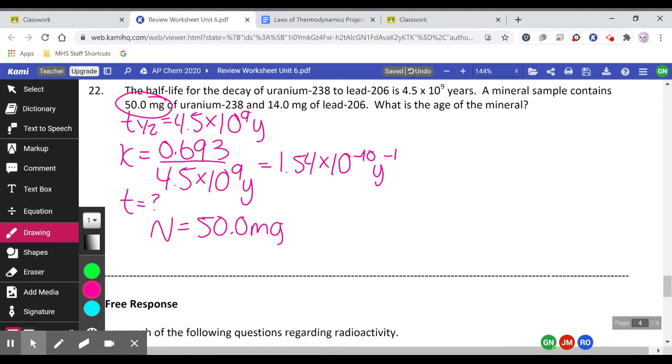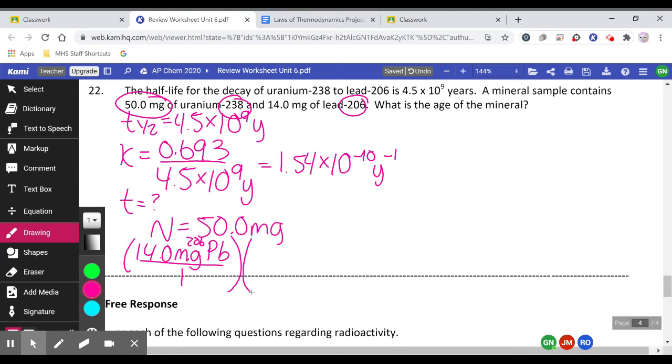And so the way we do that, that'll be our N sub 0 once we add it to our current amount of uranium. So we're going to start with that 14.0 milligrams of lead-206 over 1. And then all we have to do there is use our mass numbers as a ratio.